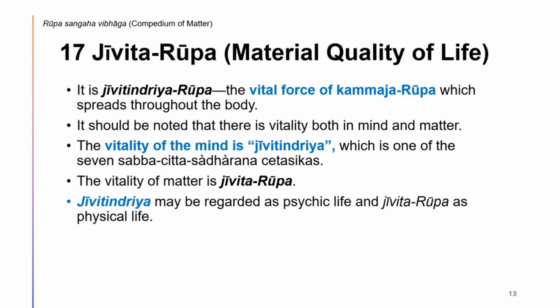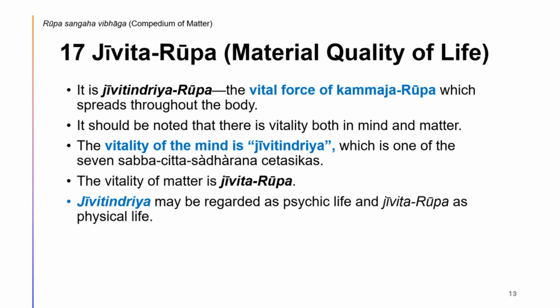It should be noted that there's vitality both in the mind and matter. Take note, your Cetasika is the mind one, so there are two Jivita here. When you talk about the vitality of mind, Jivitindriya, remember it is one of the 7 Sabbacitta Sadharana Cetasika.